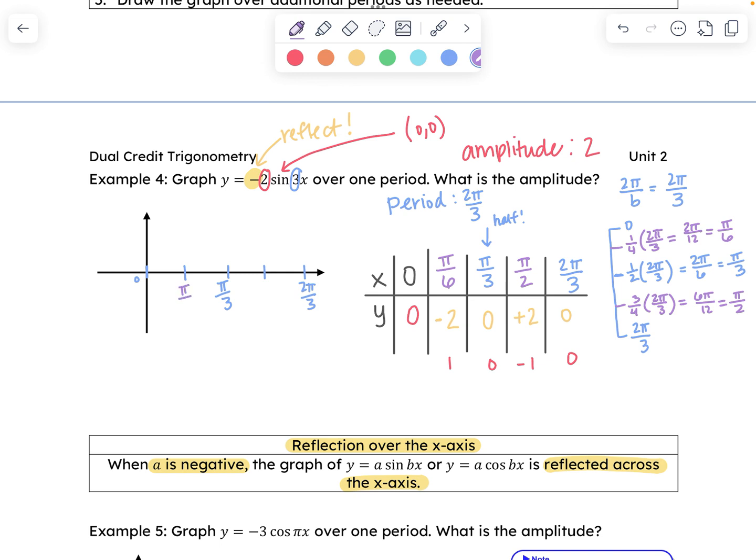My fourths are the pi over 6 and the pi over 2. And then with our amplitude, we are going up to 2 and down to -2. So I'm going to start at that 0, go down to my -2, 0, up to 2, and back to 0. So that's the wave shape. I'm not very good at drawing, so please don't judge my drawings here, but that's generally what it should look like. Hopefully you can draw a little better than I can.